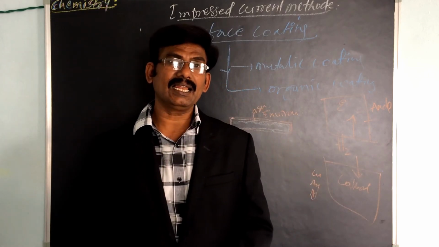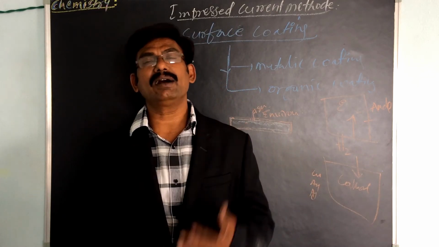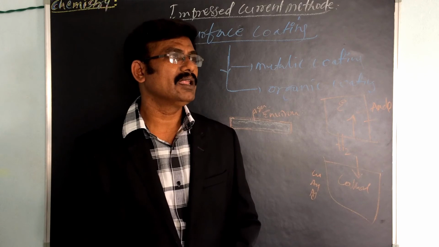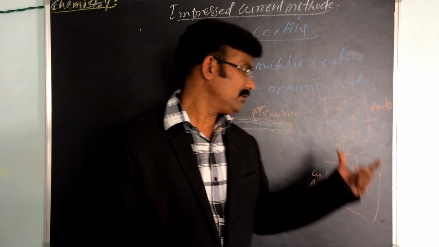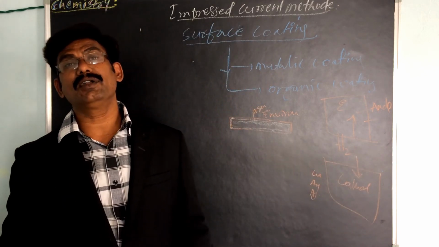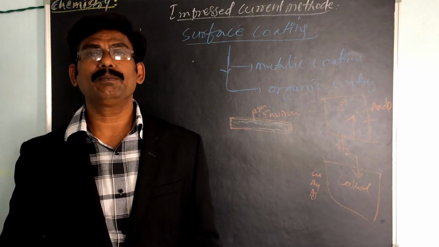To give oxidation resistance and thermal insulating properties. Thermal conditions and oxidative conditions are there. That is the function of the coating on the metal.